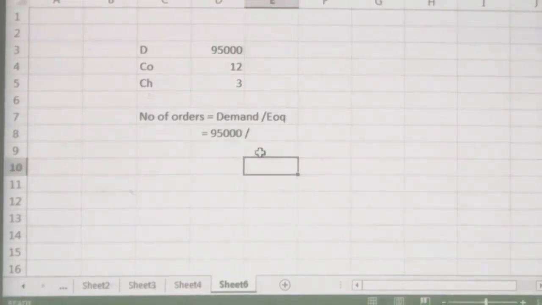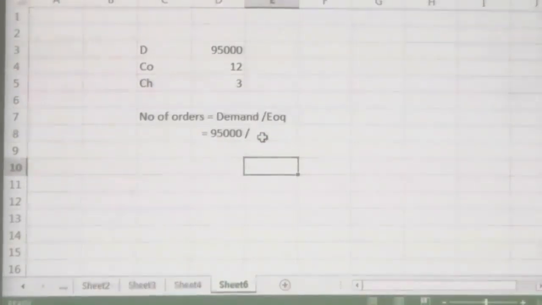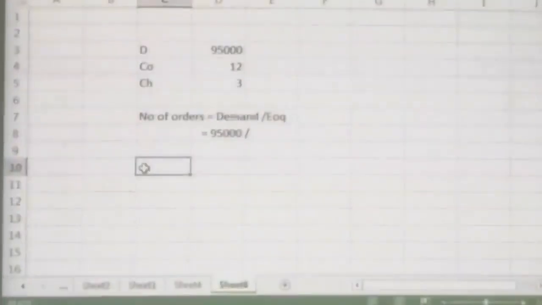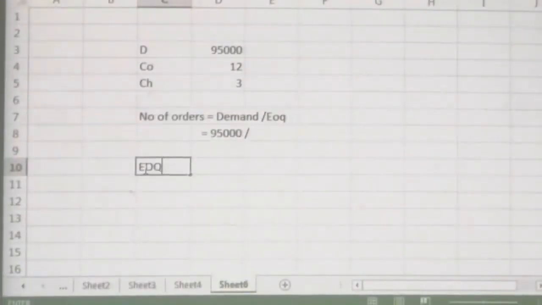Now you need to calculate your EOQ. You don't know EOQ, therefore let's calculate it. Our EOQ equals the square root of 2DCO divided by CH, right? Using the calculator, let's calculate our EOQ.